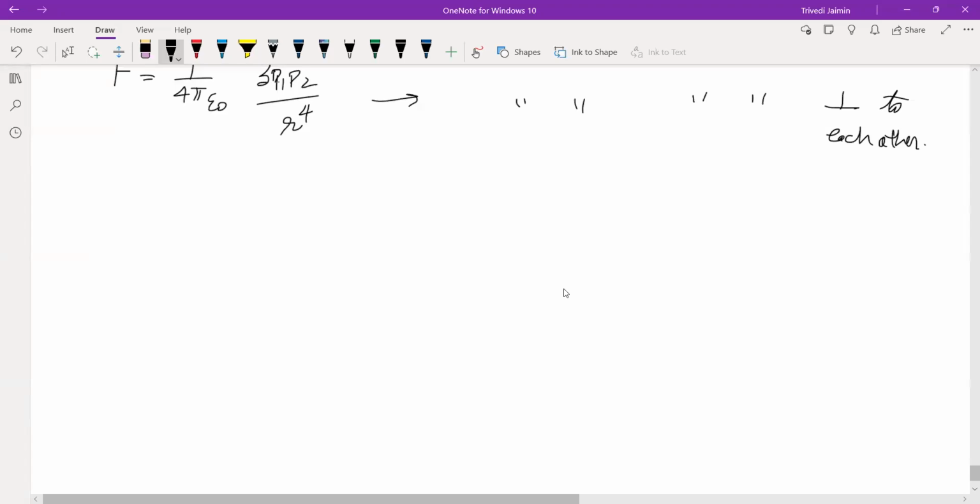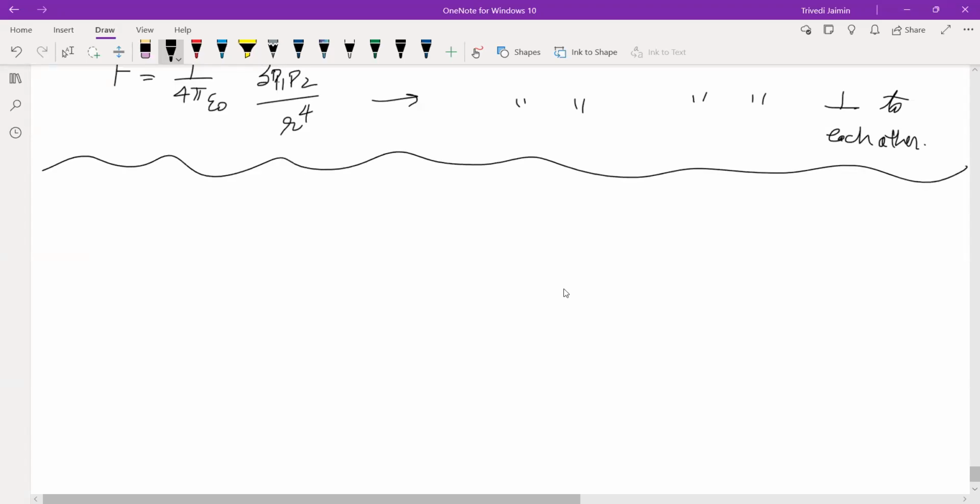Let's see how much you remember, or else I'll give you the formula. Don't worry. Not time period, simple harmonic motion. This is a mixed question. This was asked in some 2000 question.